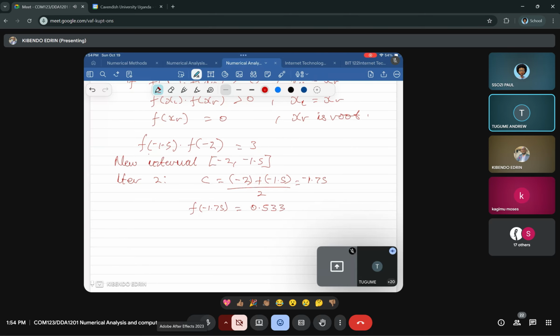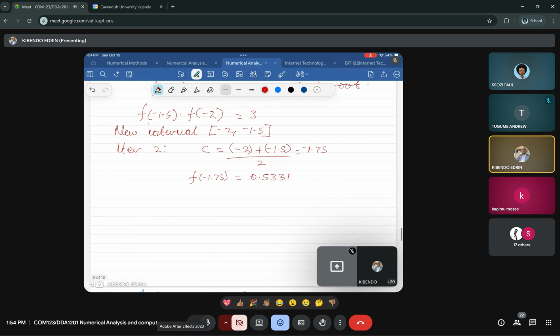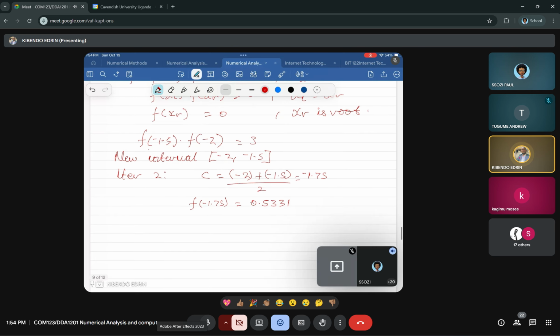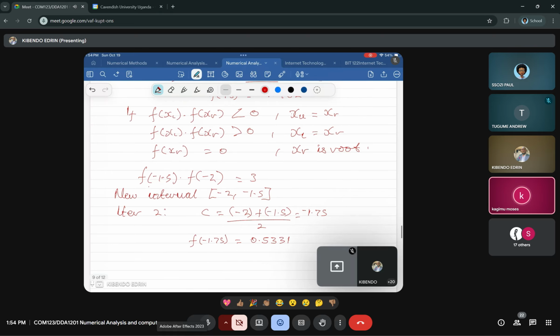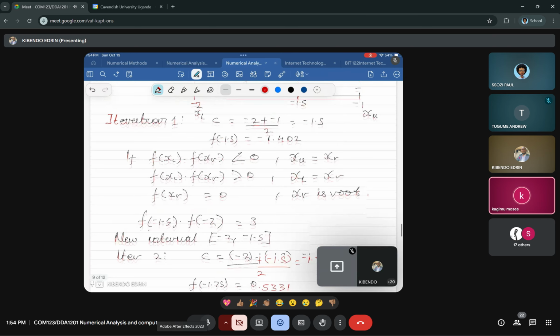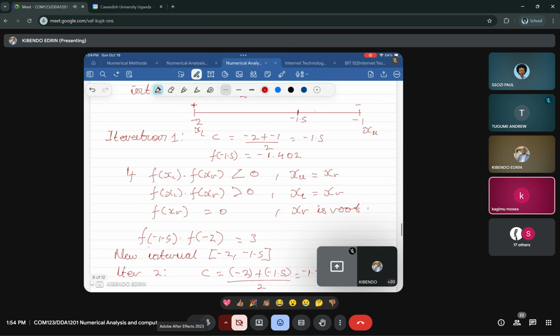Just skip 3 decimals. Okay, 0.5331. Okay, again, what is the new interval? Put it on our number line. Include negative 1.25 on our number line.